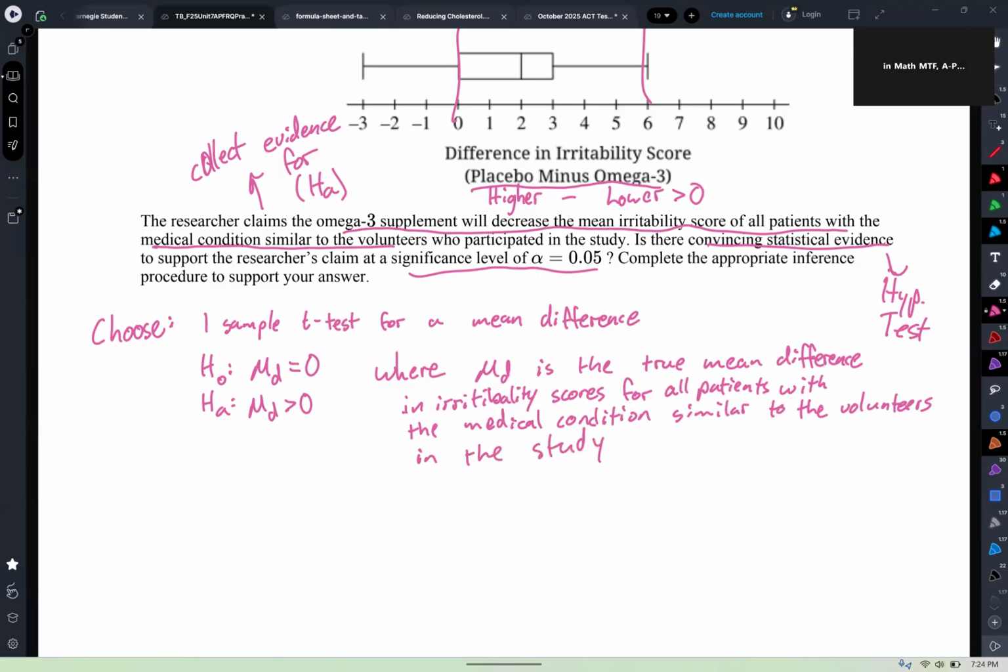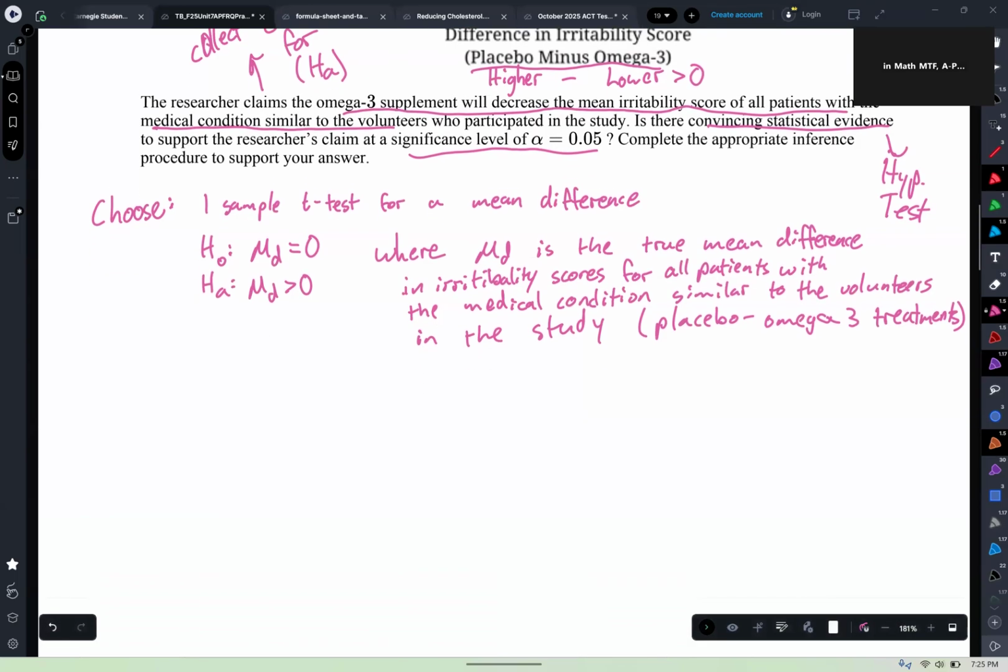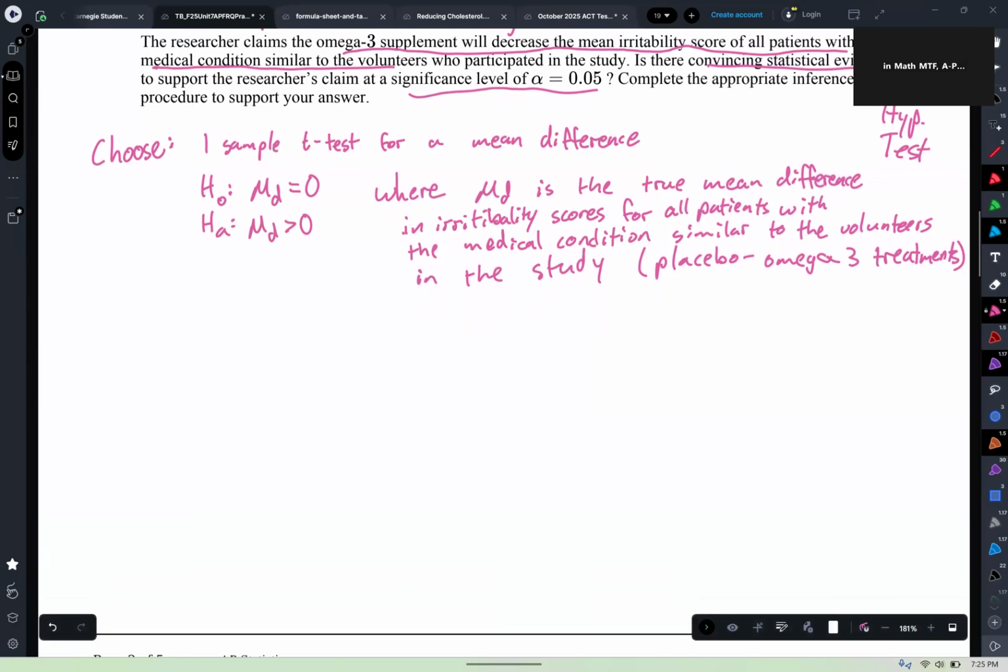And then obviously placebo minus omega-3 treatments. And then alpha equals 0.05. All right, there's my choose. Check.